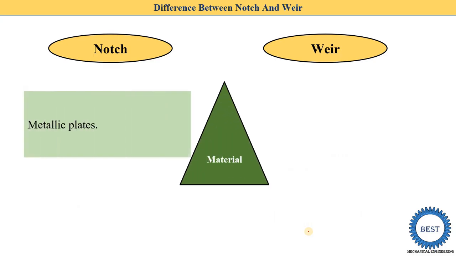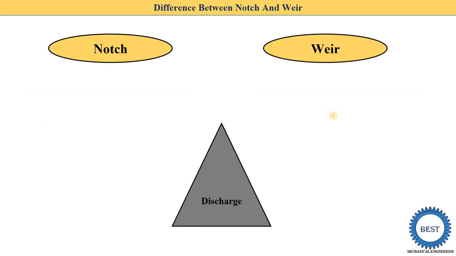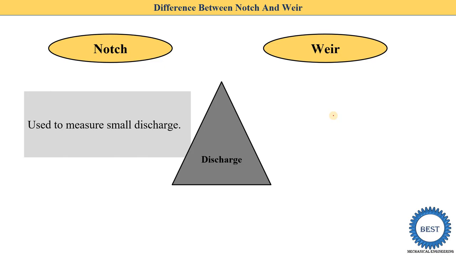The fourth one is the material. Notches are generally made from metallic plates, and the weir is made from concrete or masonry structures or materials. And the last difference is about the discharge. We know that the tank is smaller in size, so it also has a small discharge.